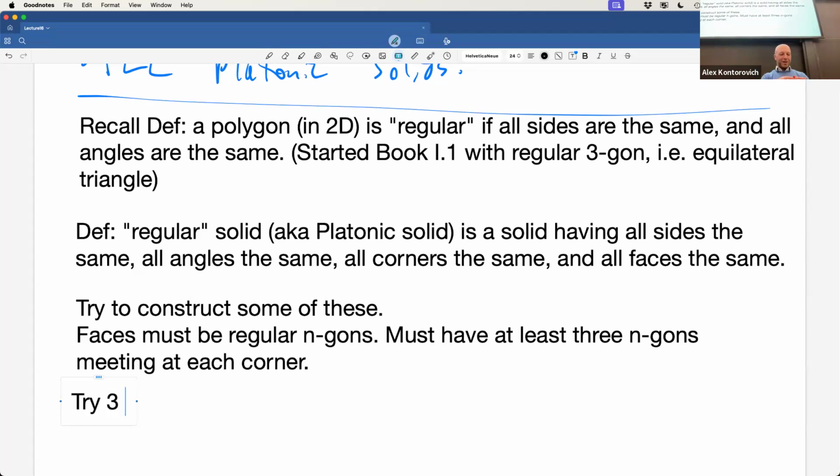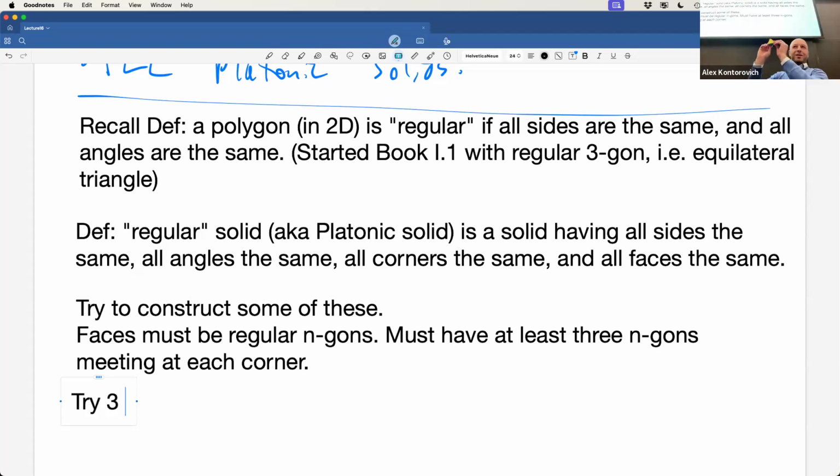Here is what it looks like when 3 equilateral triangles meet at one corner. Can I keep that pattern going and fill up a solid? I'll grab another equilateral triangle, and lo and behold, I can fit 4 equilateral triangles together where every corner looks the same, any side is the same, any angle is the same, any dihedral angle is the same. It's just this perfect little shape.